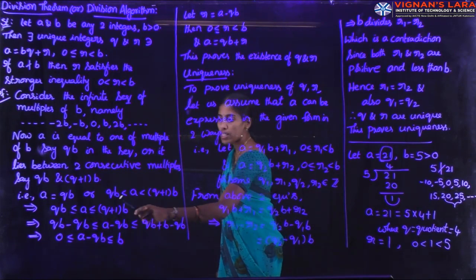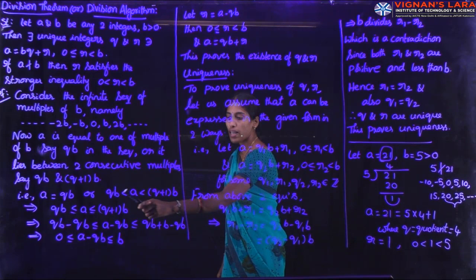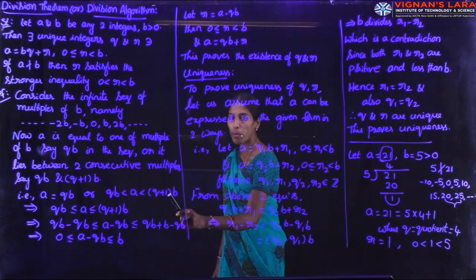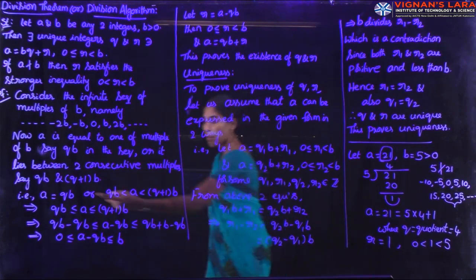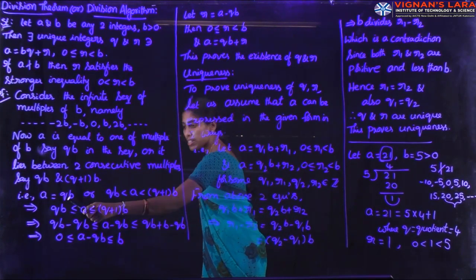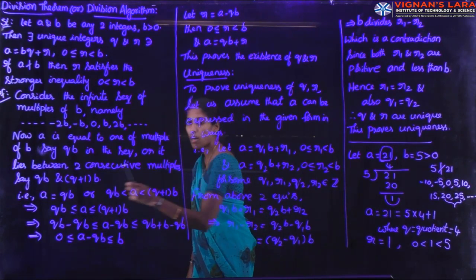If it lies in between two consecutive multiples of B, we take it as A lies in between QB and (Q plus 1) into B. By combining these two, either A is equal to QB, so here we put less than or equal to.